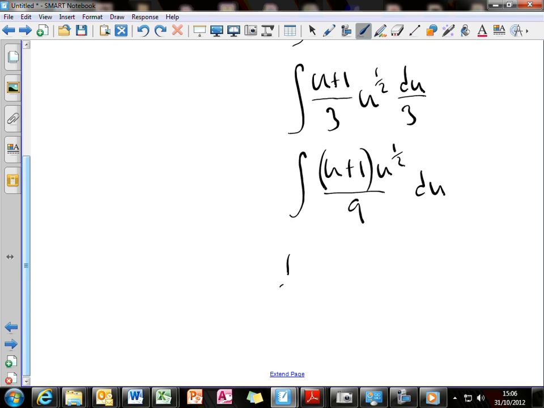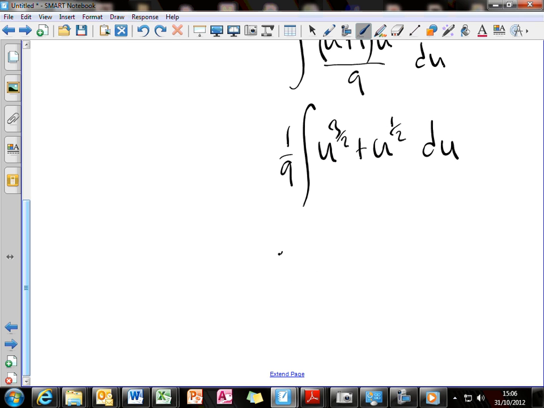I can take that 9 out, and this is going to be u to the 3 over 2 plus u to the half. And now this is something nice that we can integrate. This is like a C2 integration. So it's going to give us 1/9. I'm going to keep that outside of all this.